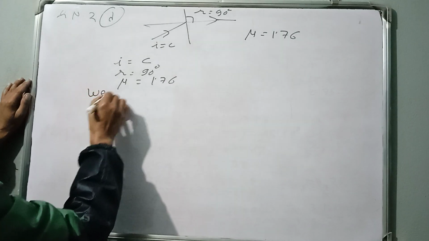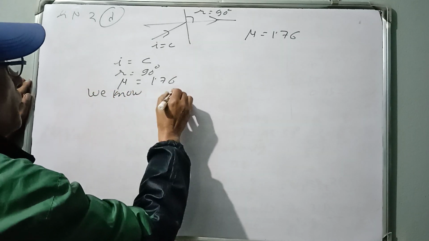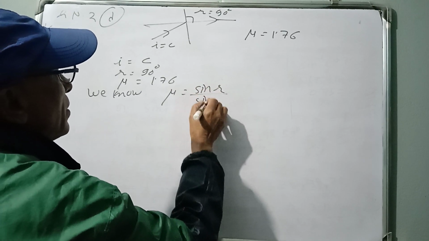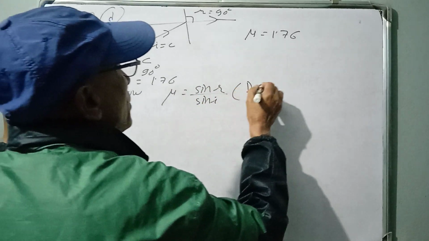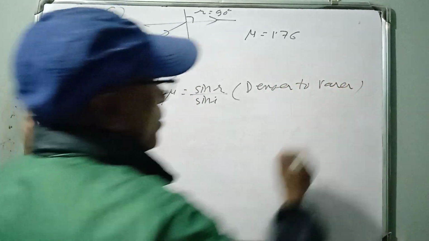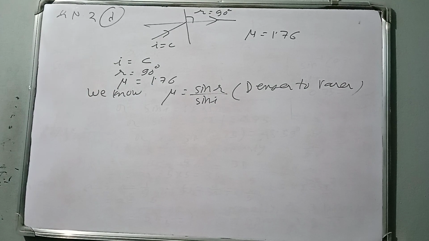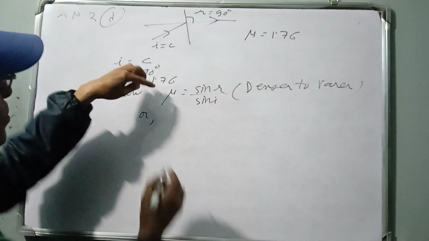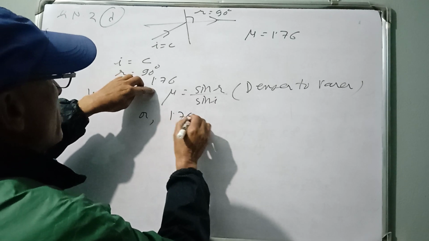We know mu equals sin R by sin I from denser to rarer medium. Light is going from a denser medium to a rarer medium, and the refractive index is 1.76 given.